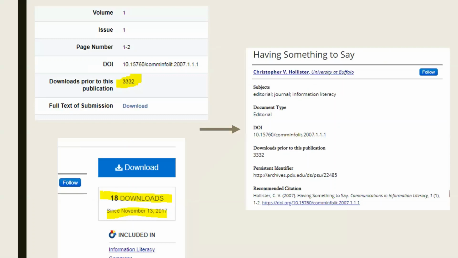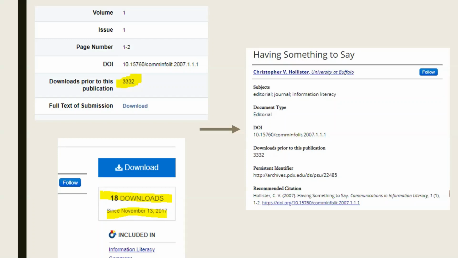So Karen had mentioned download counts, and this was also something that we needed to address. In OJS, the download counts are tracked, of course, and this ends up being an important piece of data that is often requested of us by authors of articles.